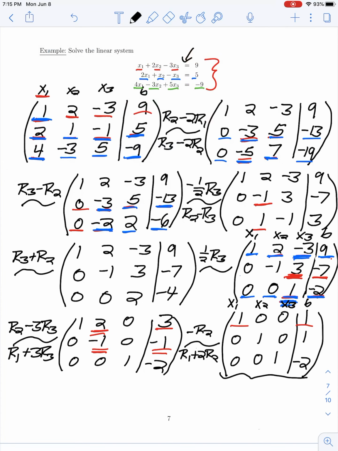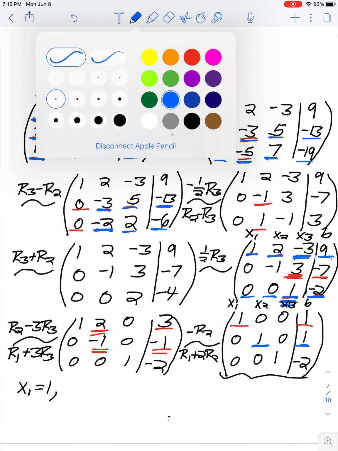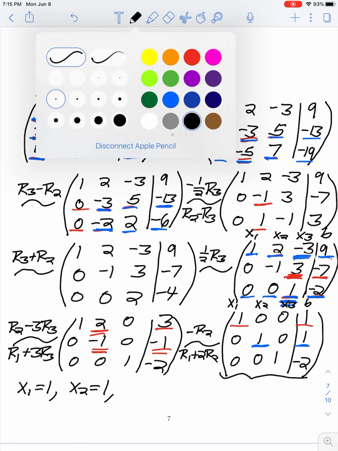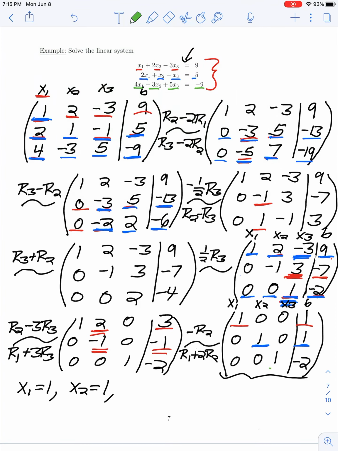In other words, x1 is 1. My second row says 1x2 is equal to 1, or in other words, x2 is equal to 1. And my third row says 1x3 is equal to negative 2, or equivalently, x3 is equal to negative 2.